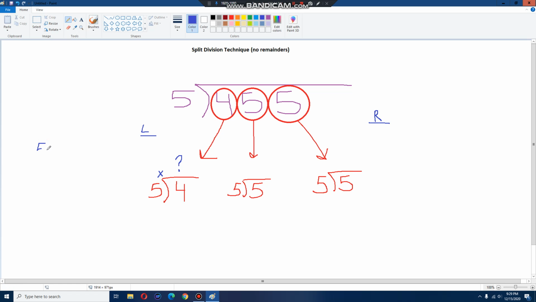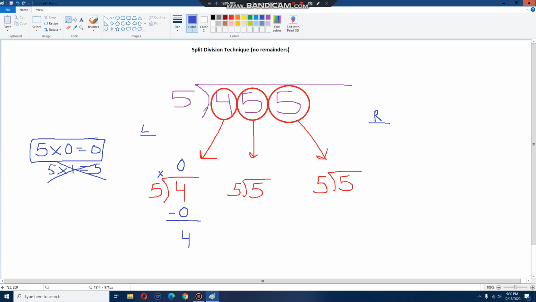If you do your 5 times table, 5 times 0 is 0, and 5 times 1 is 5, which is bigger than 4. I can't use it. So the only available number is 5 times 0, and I put 0 in place of the question mark. Now you subtract: 4 minus 0 is 4.